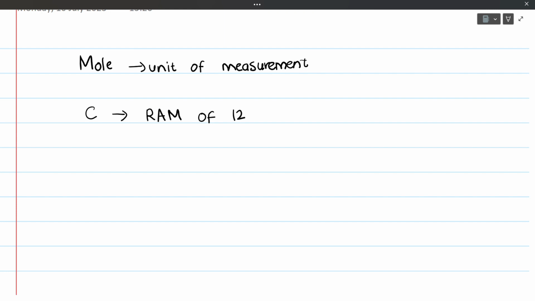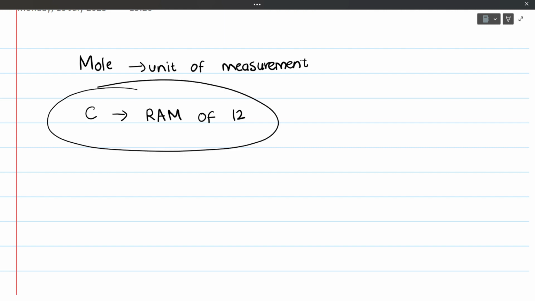Now what scientists have done in order to get this unit of measurement to be a mole is they've taken this carbon atom and said, let's use it as our unit of measurement. So everything about the mole is based on carbon.